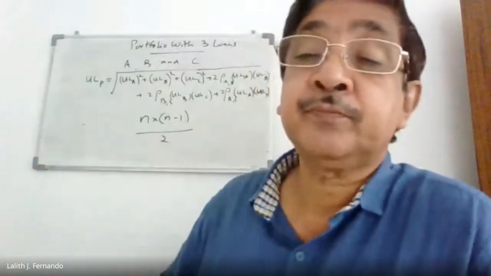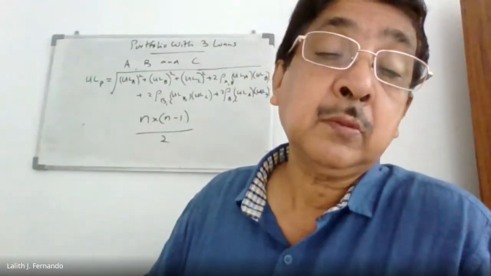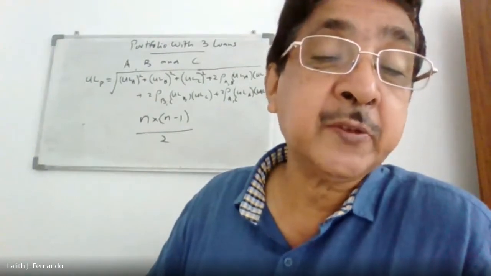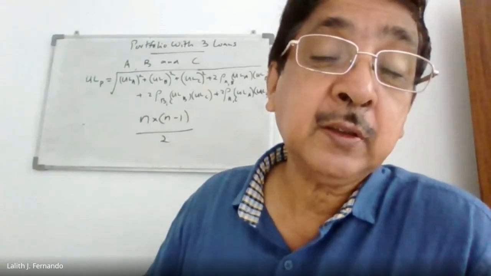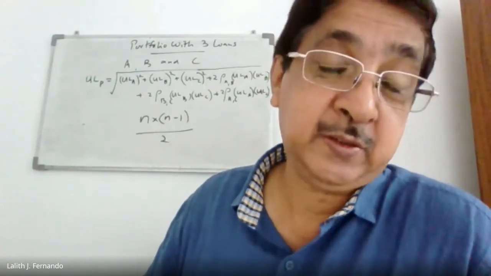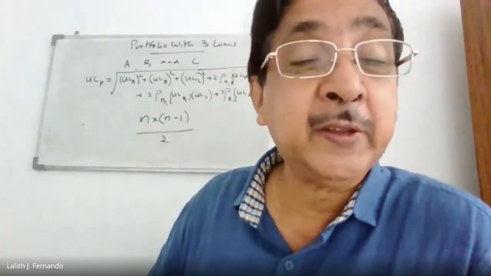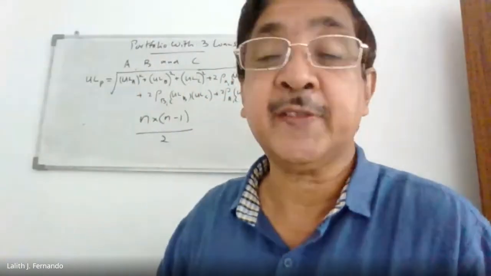Yes, correct. Now, what you need to do is n into n minus 1. N is 1,000, n minus 1 is 999. So that is 999,000 divided by 2. Then it will become 499,500. So that is the answer.